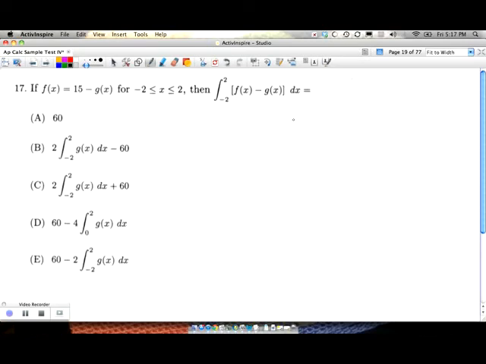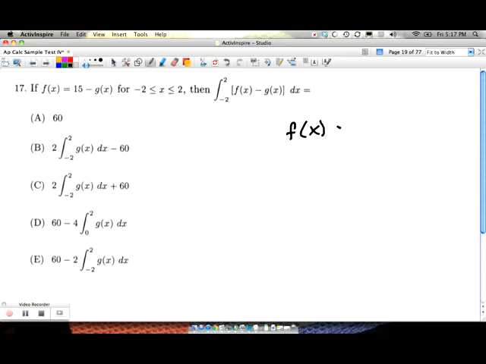Next. 17. If f of x equals 15 minus g of x for negative 2 to 2, then the integral from negative 2 to 2 of f of x minus g of x is equal to. Let's see what we have going on here. I'm going to try and see if I can do some algebra with this, and then go from there.